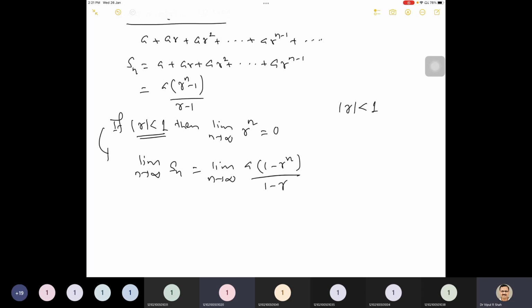Now, where modulus r is less than 1, r power n is 0 when you take the limit as n tends to infinity. So then you are having a upon 1 minus r. Understand? That means this is a finite number.